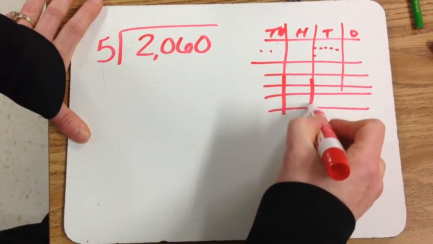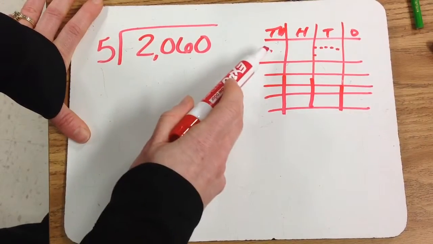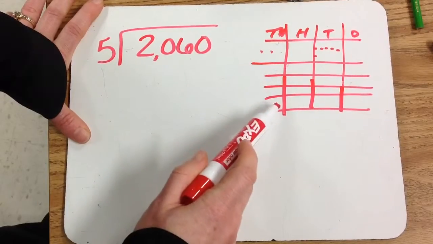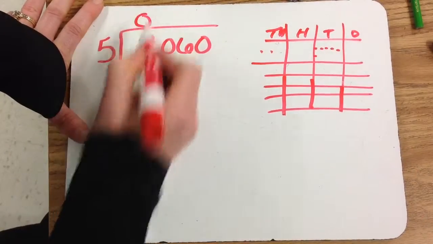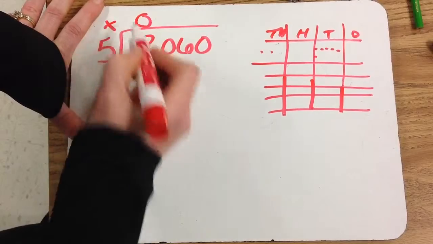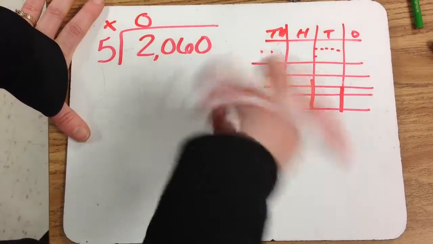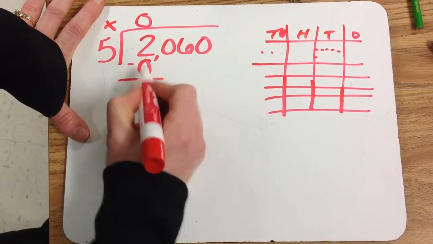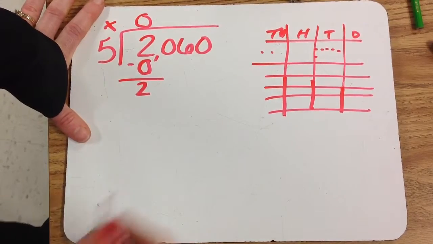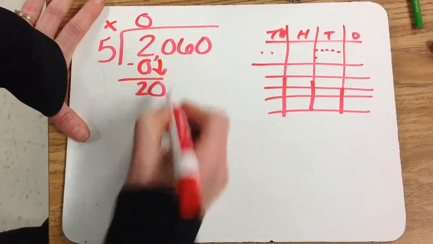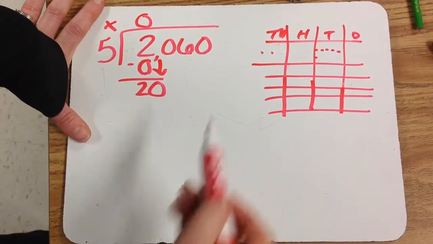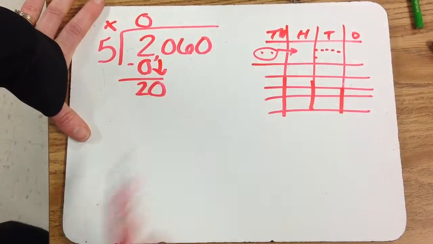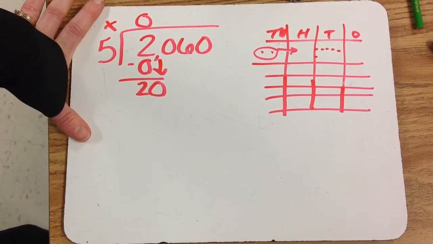Well, 5 is a lucky number. I cannot take my 2,000s and distribute them. 0. It's not going to work. 2 cannot go into 5 equally without somebody being left out. So 0 times 5 gets me as close to 2 as possible. Bring down that next 0, and I now have 20, because if I unbundled these two, I would have 20 hundreds.